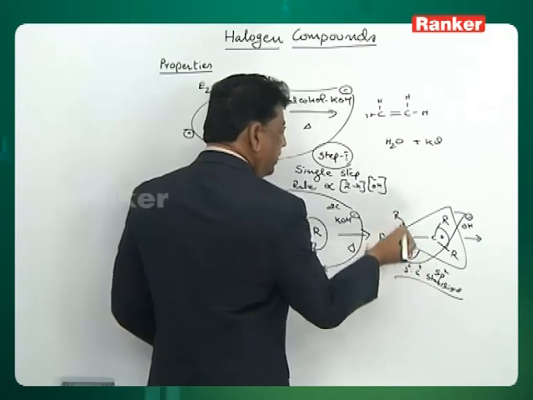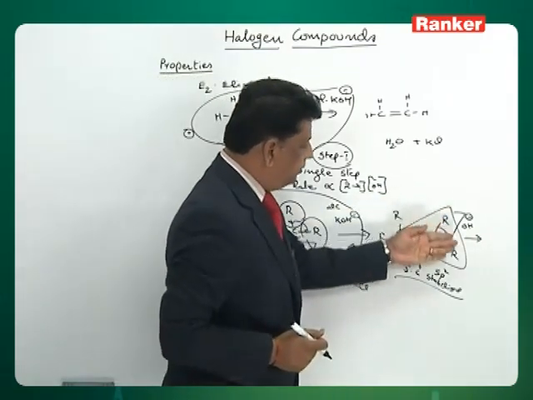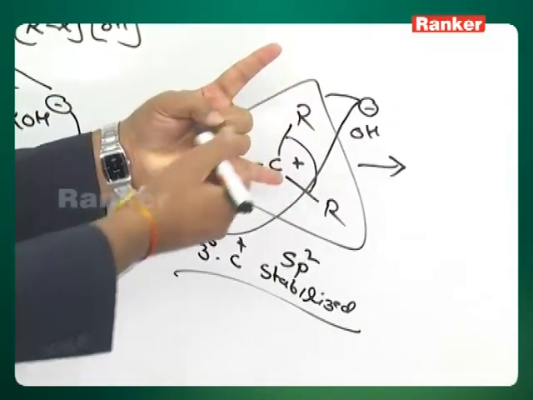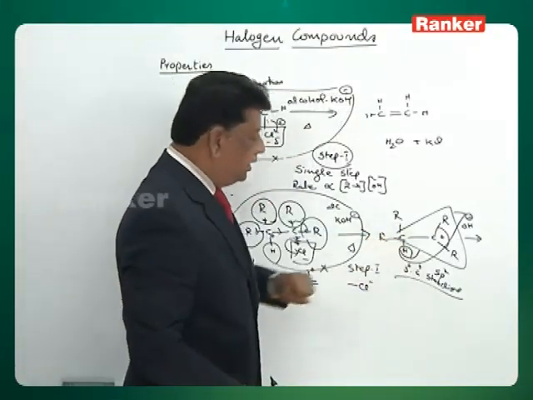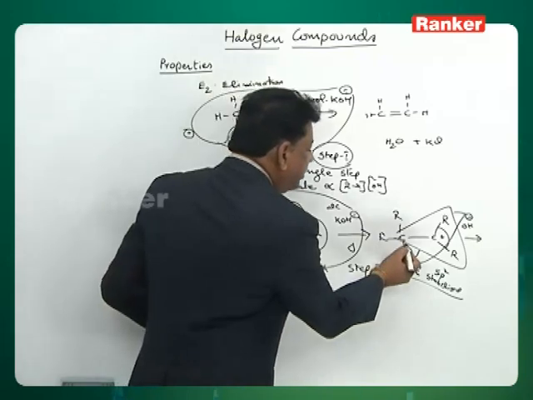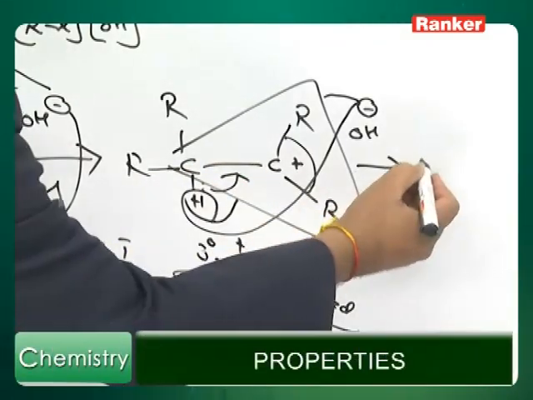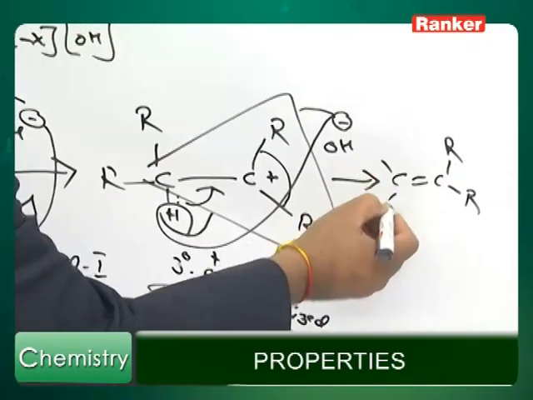So, either way it can come and grab this hydrogen. With reference to this paper type of plane, it is not 3-dimensional, it has become 2-dimensional. So, from the side of this plane or from the other side, the OH will come and beautifully grab this hydrogen, and the 2 electrons of this bond will be given to the bond, and then you will get an alkene formation with the 2 alkyl on that side and the 2 alkyl on this side, right.